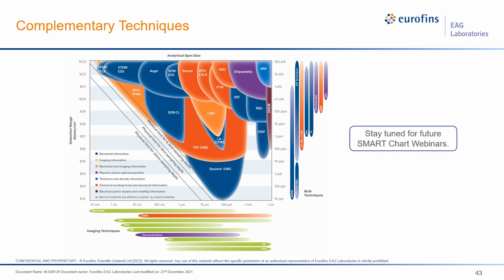As ellipsometry does not provide elemental information, we do require other techniques, such as those in yellow and orange here: SEM-EDX, XPS, or XRF for elemental information, or FTIR and Raman for molecular information on the layers to be analyzed.